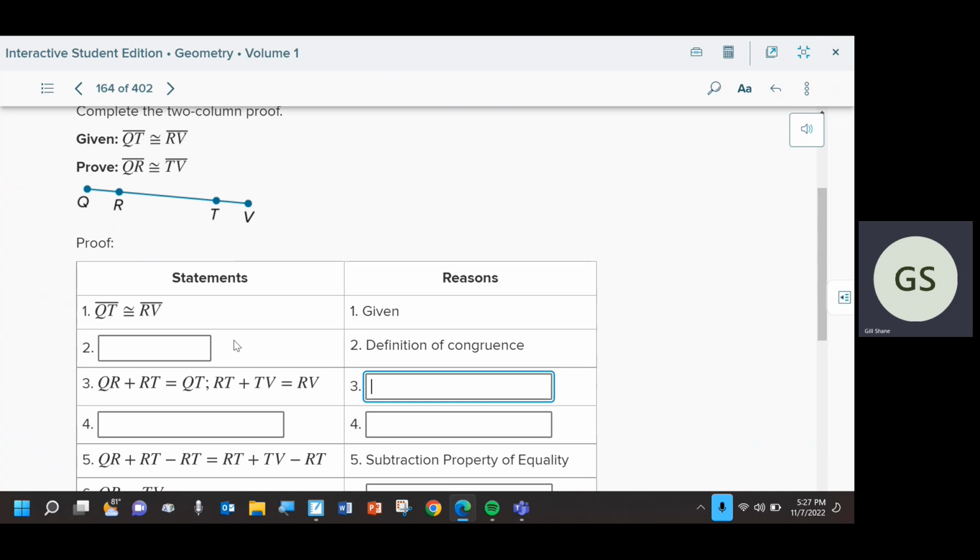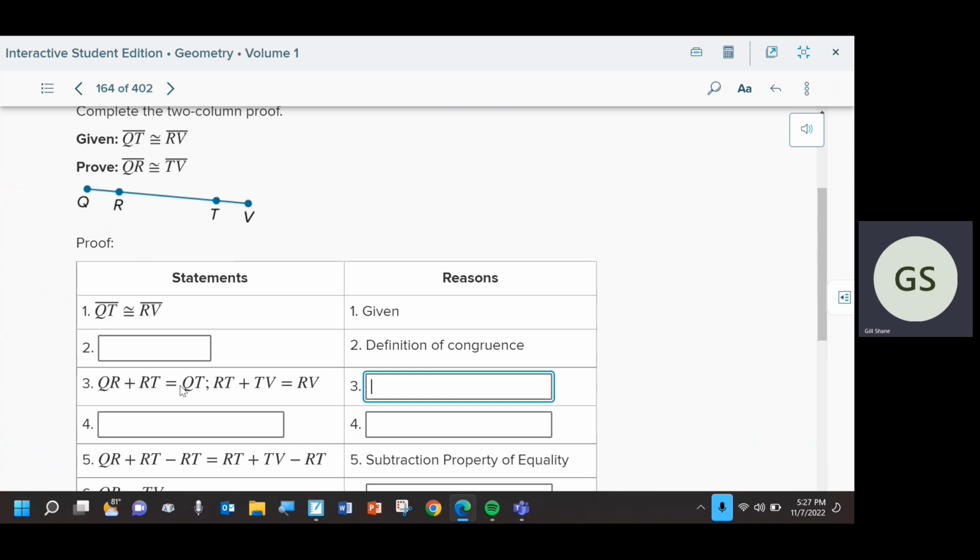If they give you the reason but not the statement, I think that's the easiest thing to fill out because they're basically telling you how you went from line 1 to line 2. They're telling you right here. Well, we use the definition of congruence. So, especially once you've seen enough proofs, you should be able to figure out, okay, I just used the definition of congruence to go from here to here, and then you should be able to certainly pick that from a dropdown. So I don't think those are super difficult.